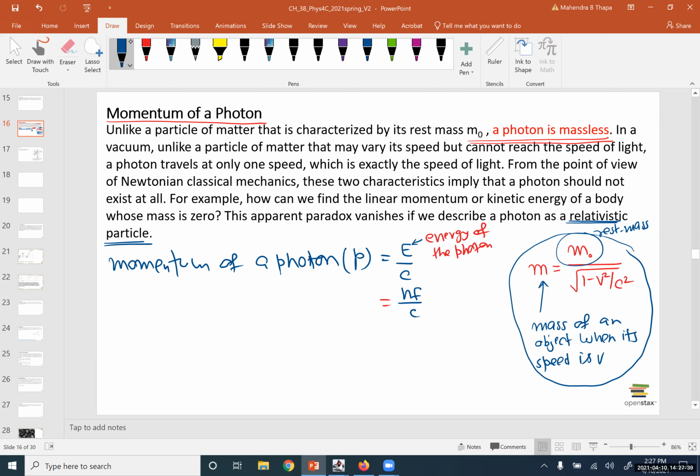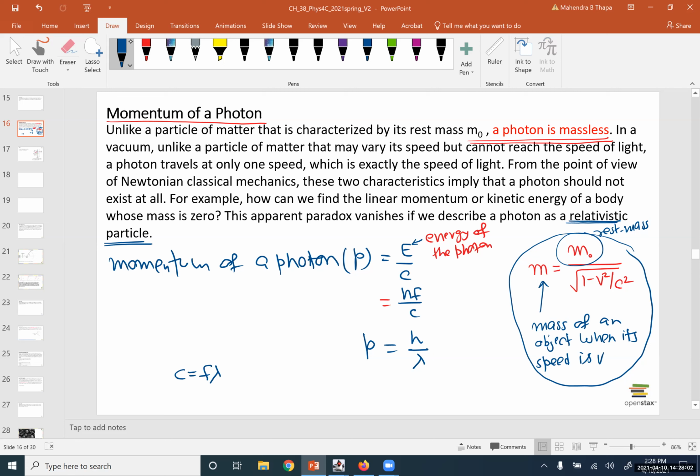We can simplify h f over c as h over lambda, because c equals f lambda.